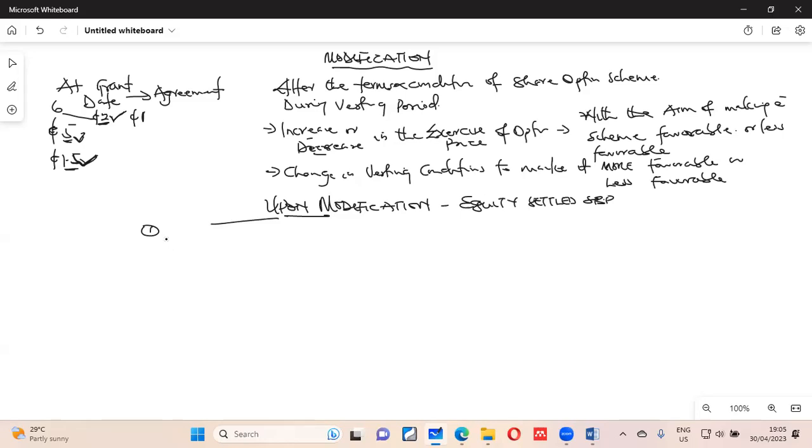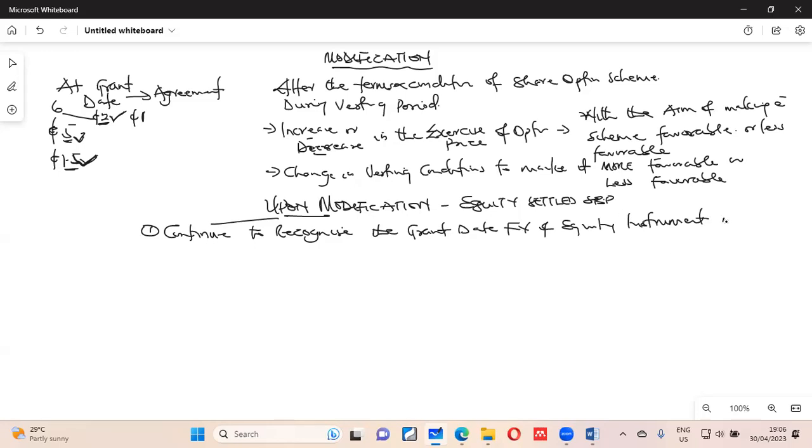Upon modification, what you do is that, 1, you have to continue recognizing your fair value at grant date of the equity instrument. The one that you've known to do, what we've been doing, continue to do that.